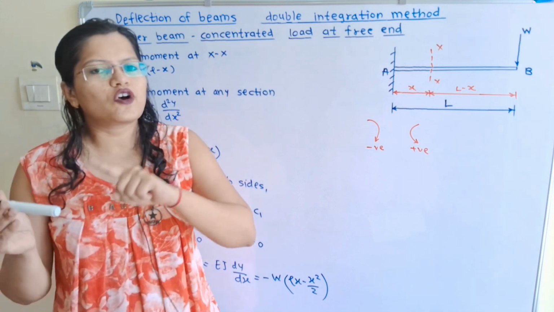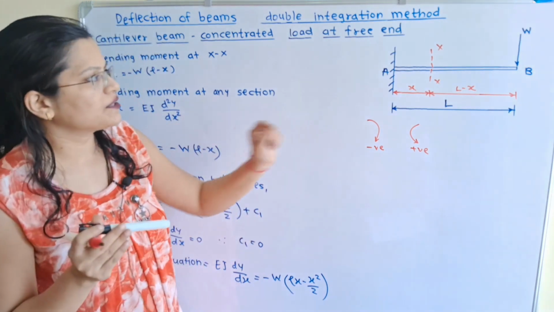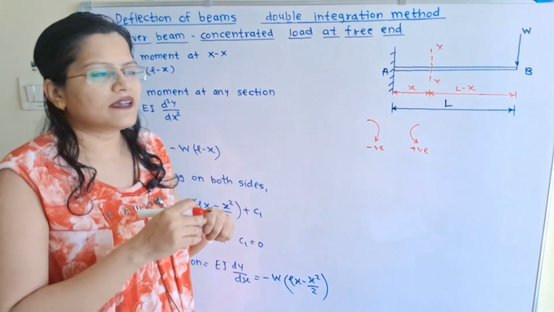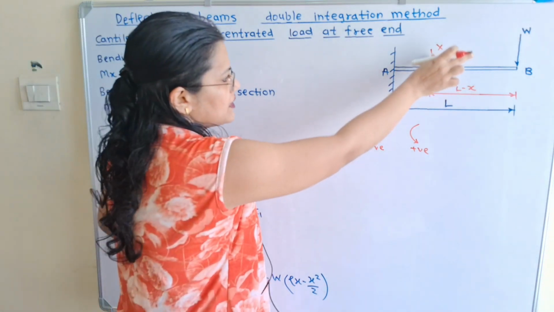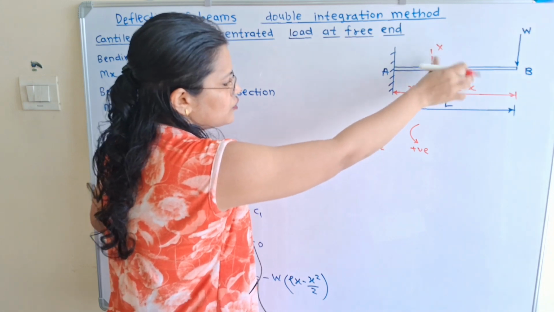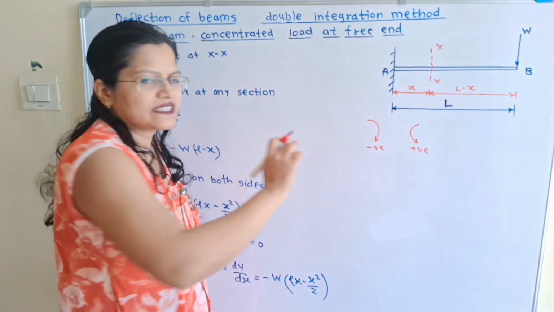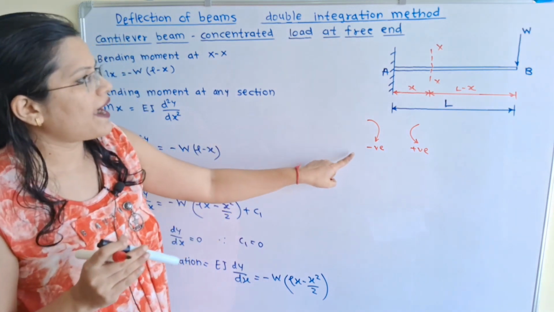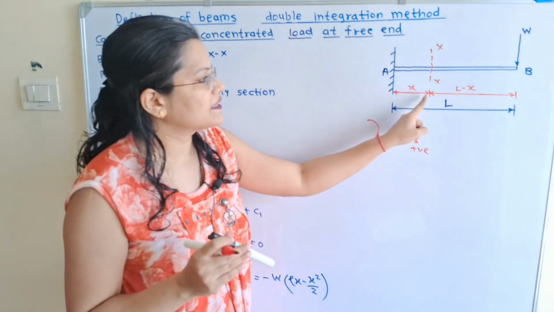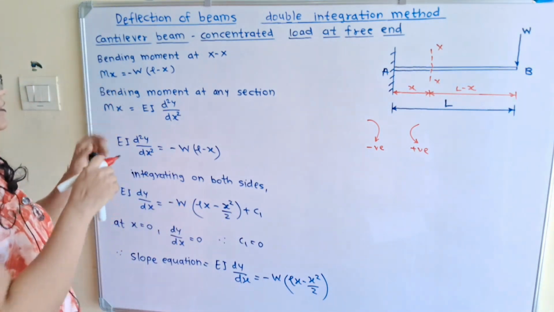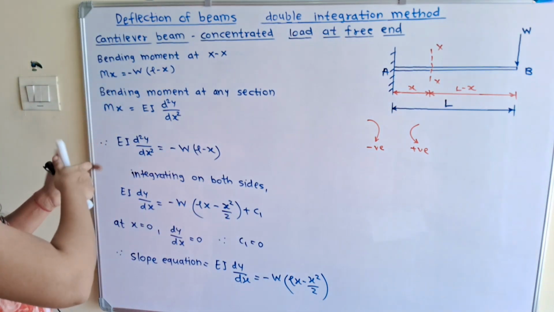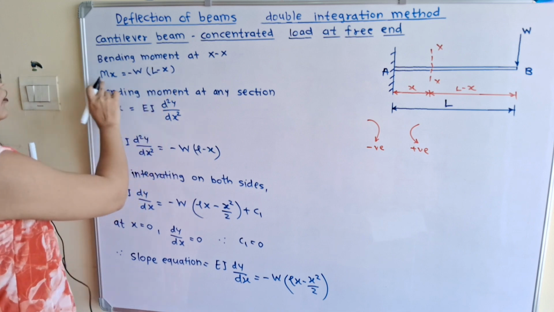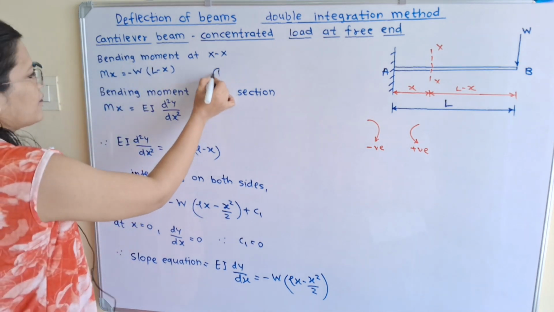We know that it is load multiplied by the distance between this load and this section. If I move about this section X in the direction of W, then it is clockwise direction, so we will use negative sign. So bending moment is minus W multiplied by the distance L minus x, so minus W inside the bracket L minus x. This is equation number 1.